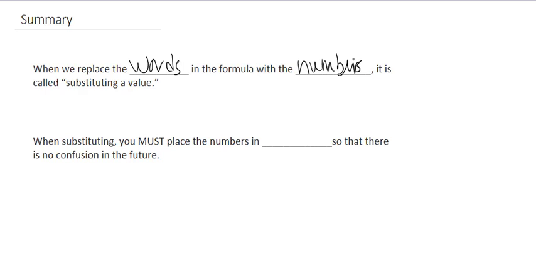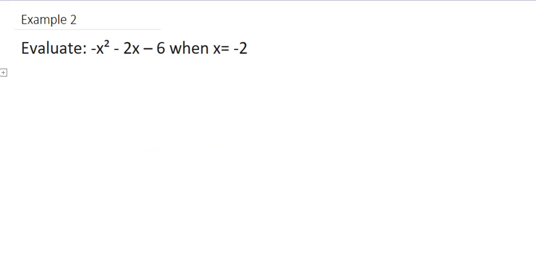And then when you substitute your numbers in for words, you must place the numbers in parentheses so that there's no confusion in the future. So let's look at another example to show this. Example 2: negative x squared minus 2x minus 6 when x equals negative 2.